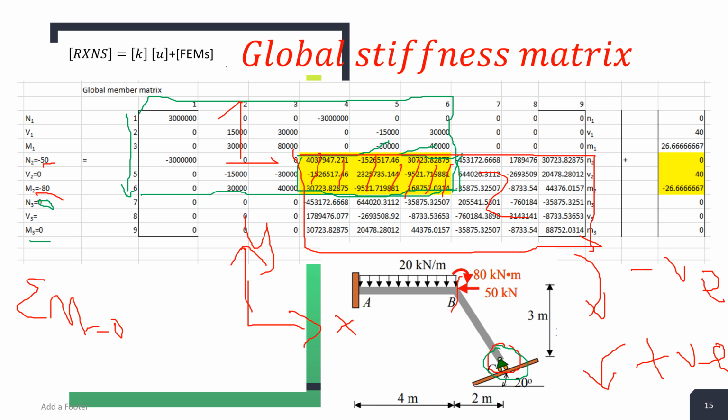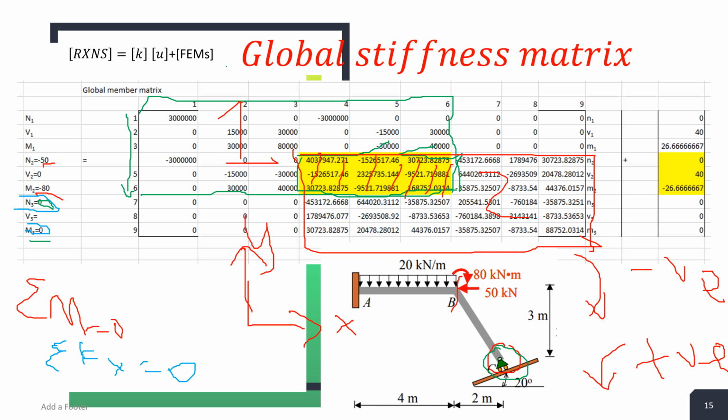So for N3, the horizontal force, this is actually not a hinge, this is a roller support. Roller support means the force in the x direction is 0 and the moment is also 0. Simply put, at a roller support, horizontal force is 0 and moment is 0. So that is the reason why this is shown as 0 and the moment is also 0.